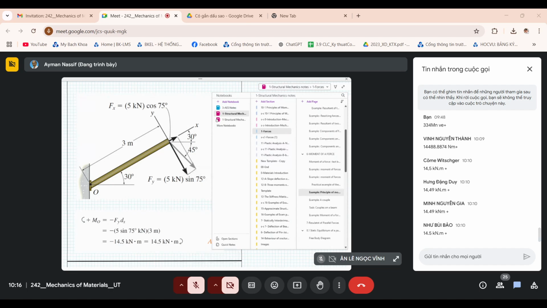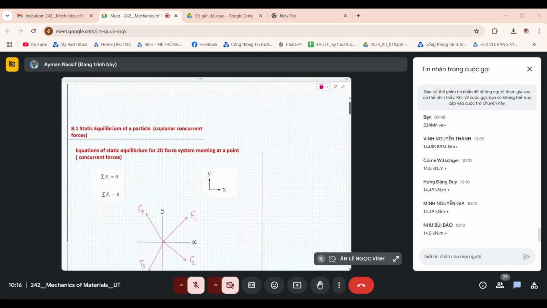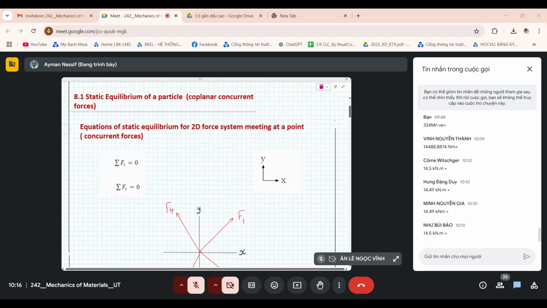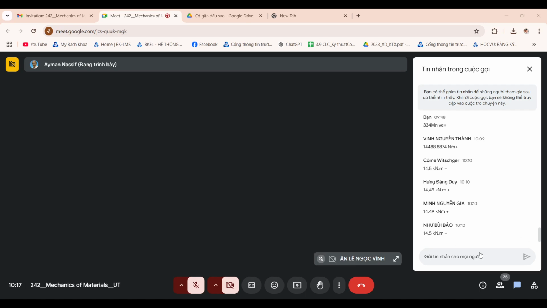So the other idea, which I suspect you have already done before, and maybe we don't need to do it in detail, is equilibrium of concurrent forces. I think you've done this before, perhaps in physics or some basic mechanics. So, static equilibrium of a particle.